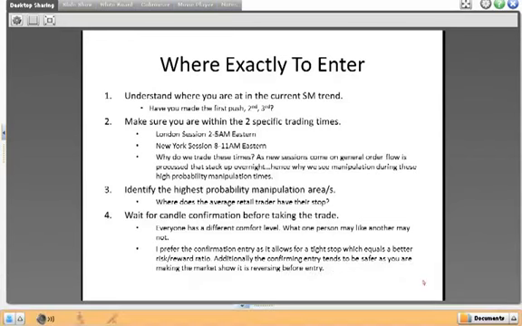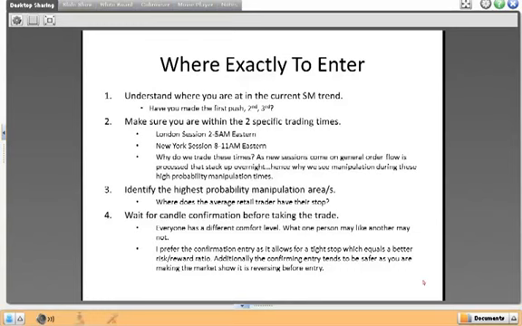The great part about the confirming entry, however, is that, like I said, it allows for a tight stop. Most of the time, you'll trade confirmation for entry point. And what I mean by that is the more confirmation you wait for, generally the worse entry you get.